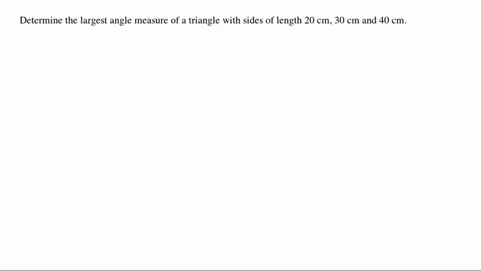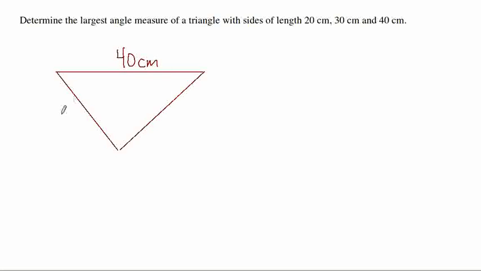All right, so I'll go ahead and work it out as well. So I will first draw a picture. Now, you may know that the largest side length will be opposite the angle with the largest angle measure.